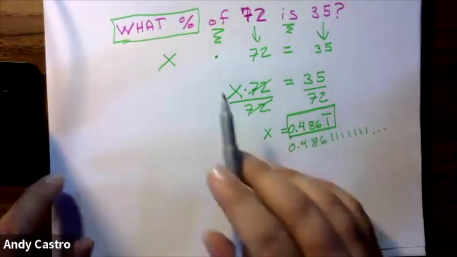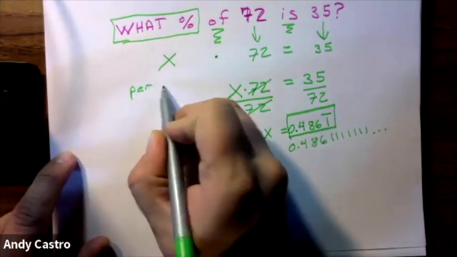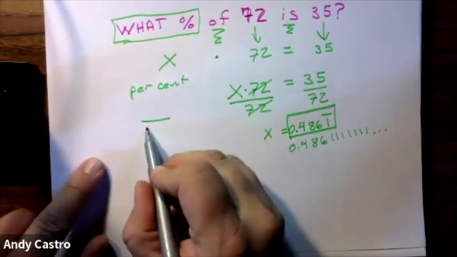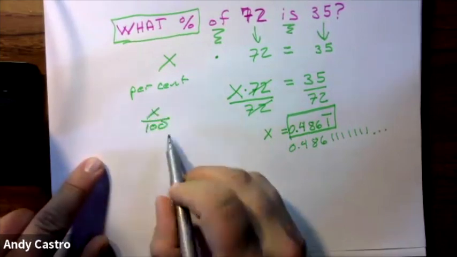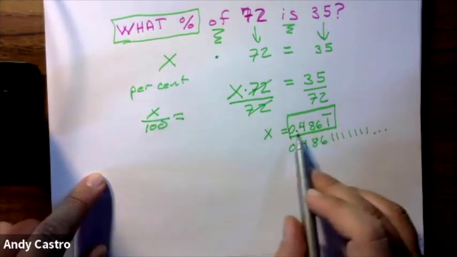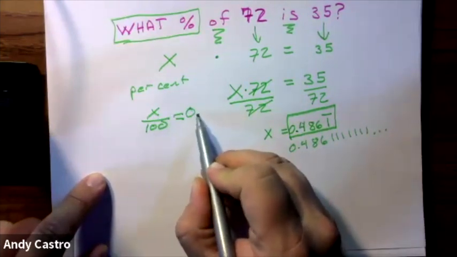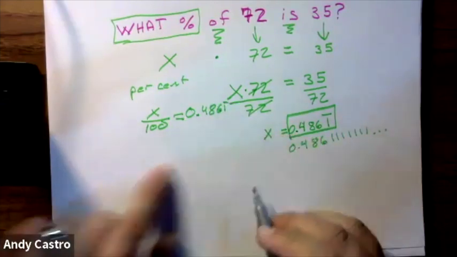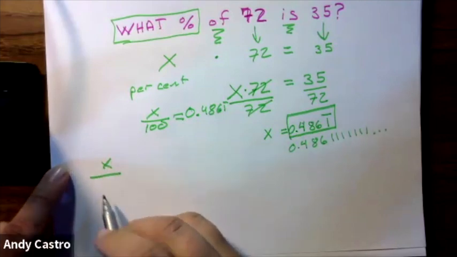So remember that percent means per 100. So it's some number per 100. Some number per 100 is 0.4861 repeating. Let me write that over here so it's a little bit more clear.